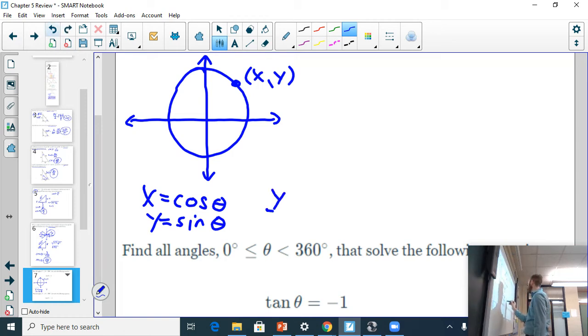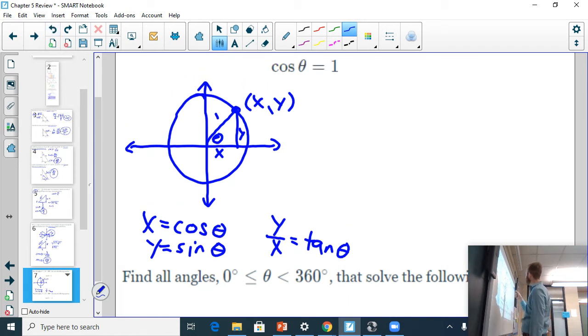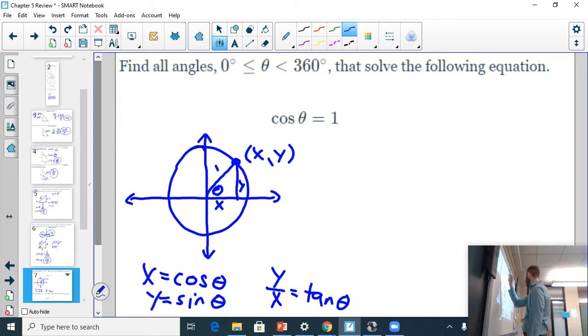Then we have y over x equals the tangent of theta. And that comes from the little triangle we made, right? If it's a unit circle, that's 1, and that's theta. And this is x and y. So the cosine would be x over 1 or just x, and the sine would be y over 1 or just y. So that's why they're interchangeable.